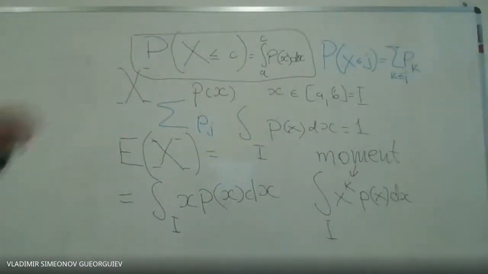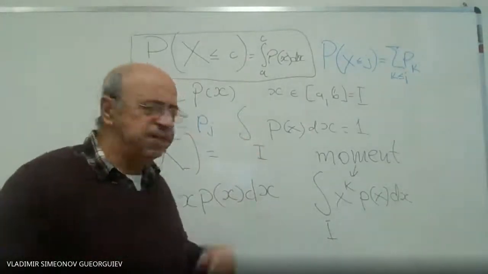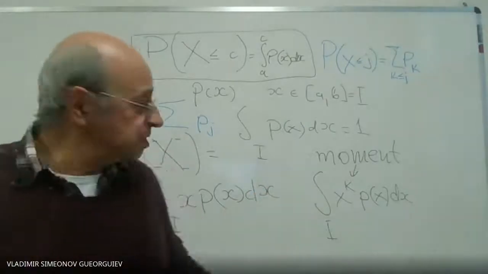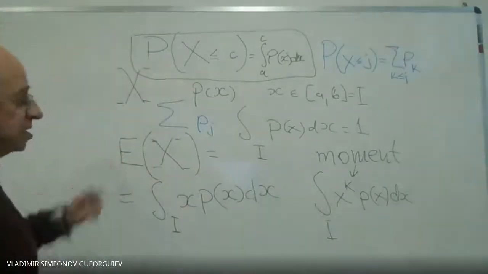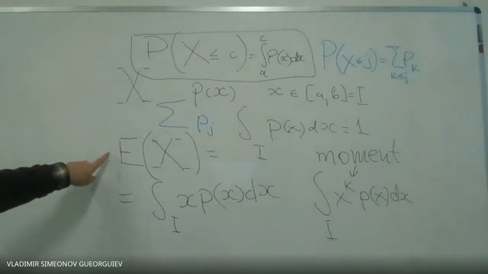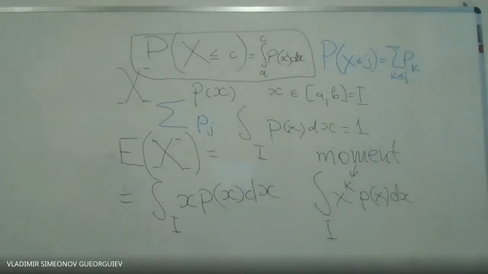Okay, this is an important thing. And in some sense, this information is more than sufficient for the first moment, expectation. And now we can go further with explaining some properties of this moment.